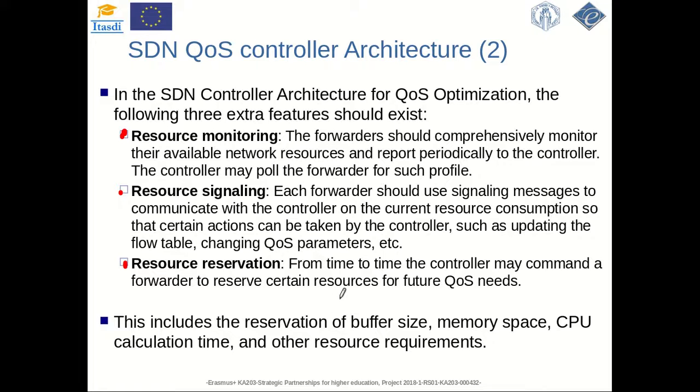From time to time, it can happen that there is a reservation. Then the controller may command the forwarder to reserve certain resources for future QoS needs. This reservation includes buffer size, which is specified by the controller, memory space, CPU calculation time, and any other resources.